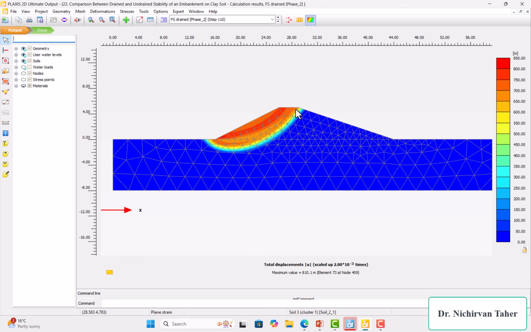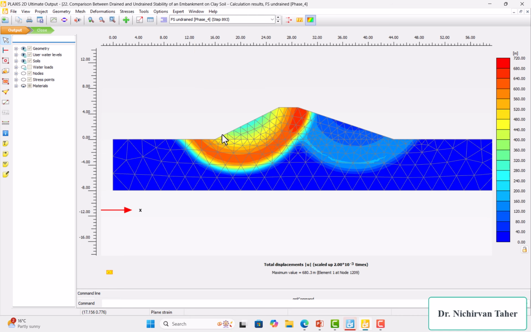So we can see this is the failure surface in case of drained condition. If I change it to undrained condition, we can see this is the failure surface of this embankment in undrained condition. We can see it has a deeper failure surface.